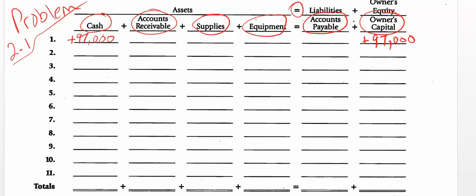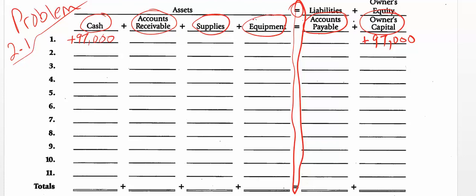Okay, now we're going to add plus signs and minus signs when needed. Now, double entry accounting means that we're going to put the same number in 2 different places so that we have a way to check and balance our books. If you're crossing the equal sign, your number on the left is going to be a plus, and your number on the right is going to be a plus.